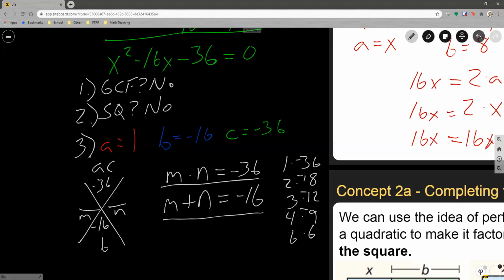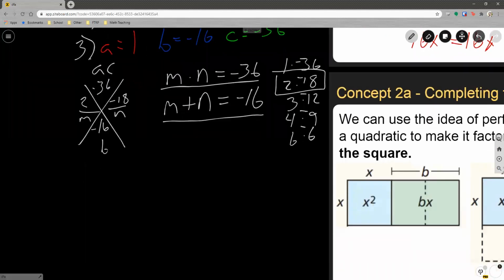So I'm going to put a negative on all these. If I want to look at these sums, I want to find something that gives me -16. What's going to work out is an m value of 2 and an n value of -18. I could swap those. I could have an n value of 2 and an m as in Mary value of -18. Doesn't really matter either way.